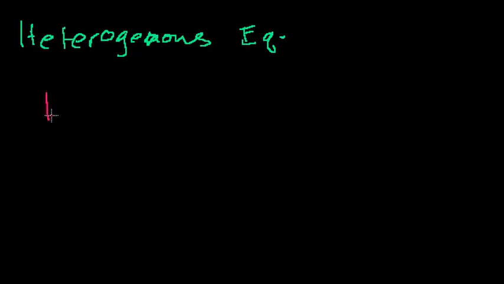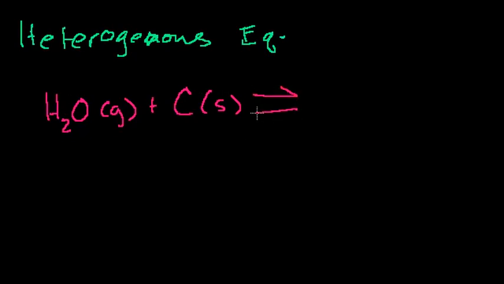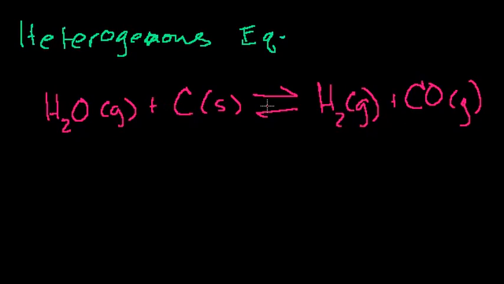Let's say I have H2O in the gaseous state, and that's essentially steam, so it's not going to be the solvent this time, plus carbon in the solid state, and let's say that that's in equilibrium with hydrogen in the gas state, plus carbon dioxide in the gaseous state. This is a heterogeneous equilibrium because you have things in the gaseous and the solid state.